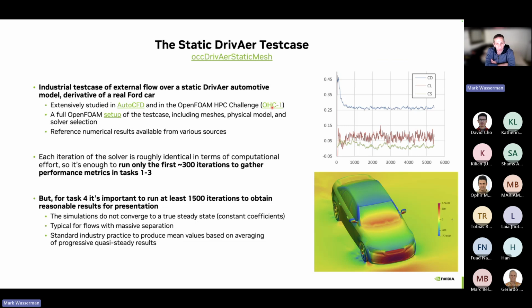And when you experiment with whatever you choose to experiment with as part of this task, we do ask you to always keep in mind that the results that you obtain eventually are ones that are reasonable in terms of the physics. And when I mention the physics, I specifically mean that there are reference results or expected values for the drag, lift, and side force coefficients, which are marked in CFD by the letters CD, CL, and CS.